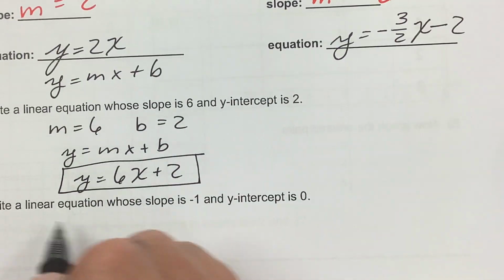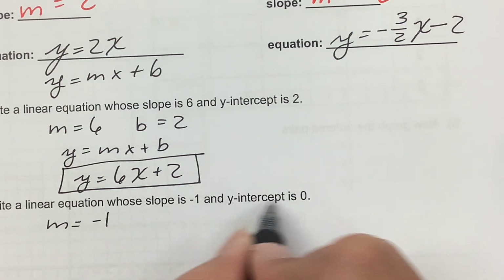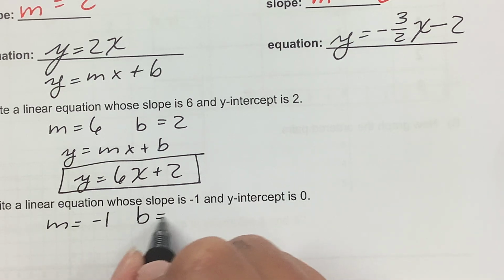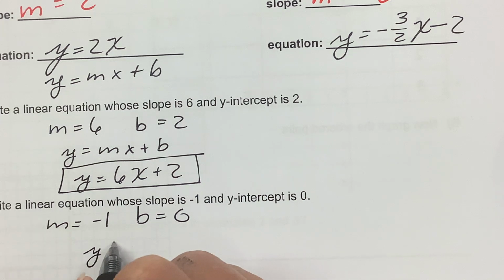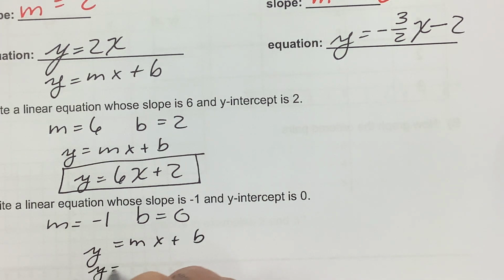All right, slope is -1, m equals -1, y-intercept is 0, b equals 0, y equals mx plus b, y equals -1x plus 0. I don't need the 1, I don't need the 0, so y equals -x.